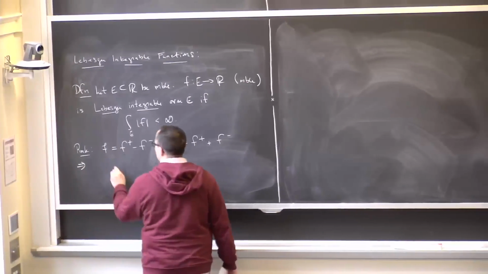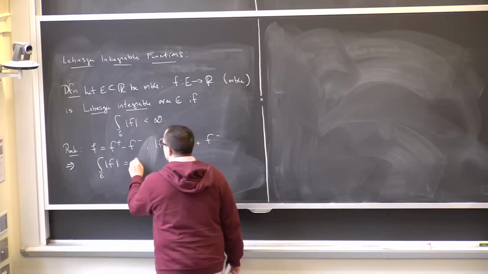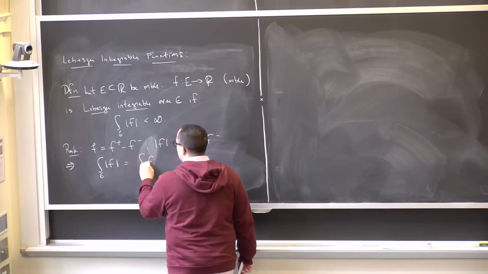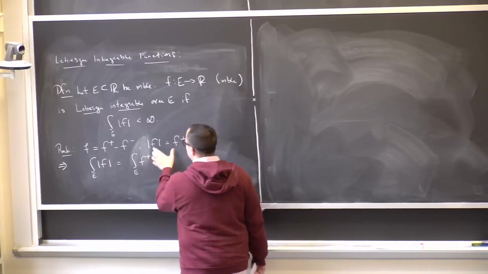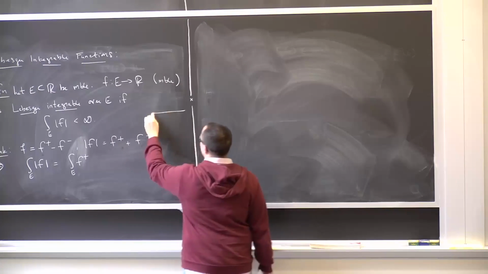Therefore the integral of the absolute value is the integral of the positive part plus the negative part. Remember, these are both non-negative functions.